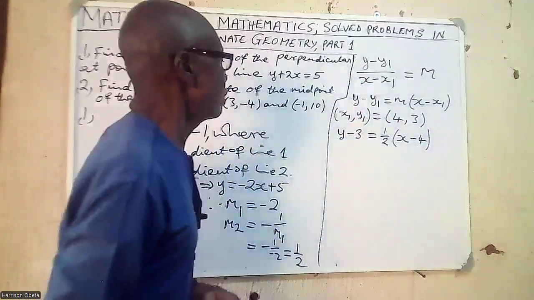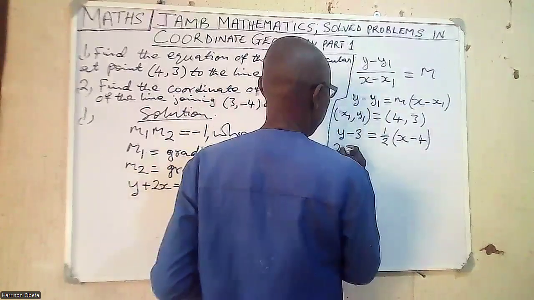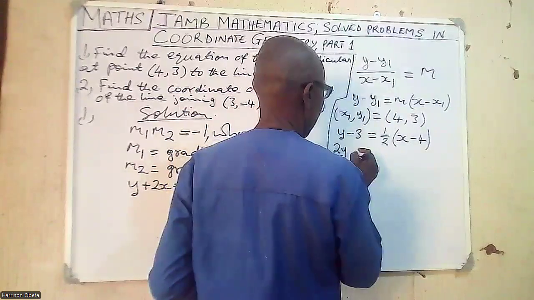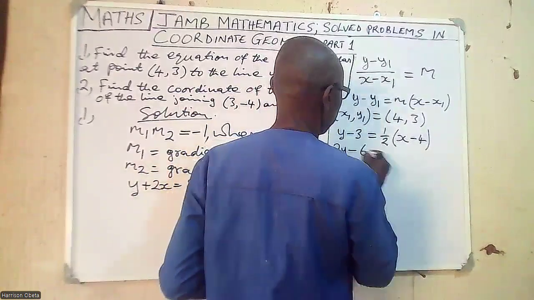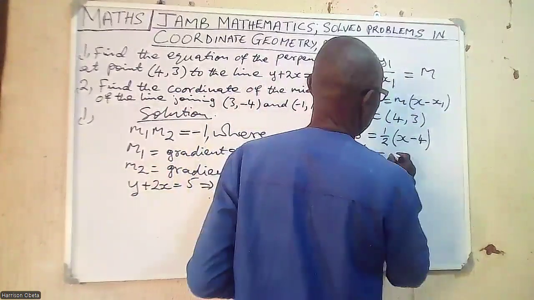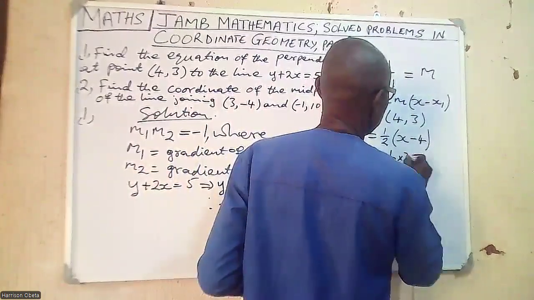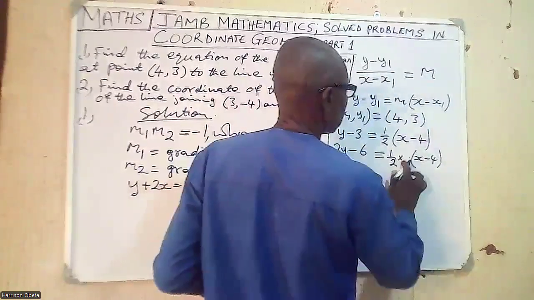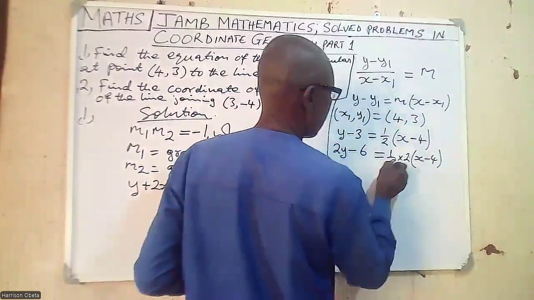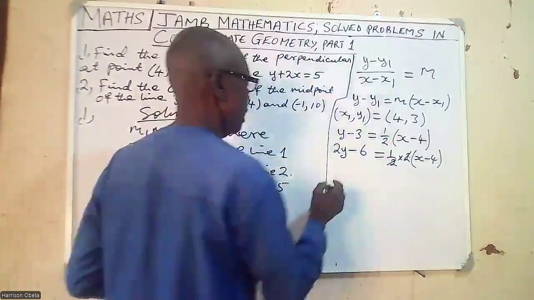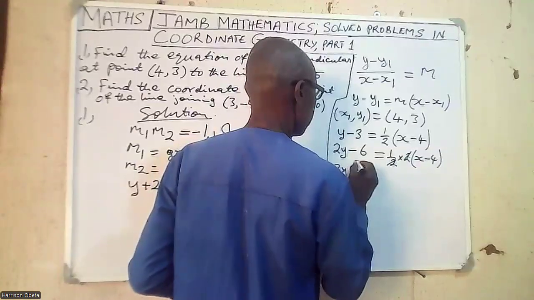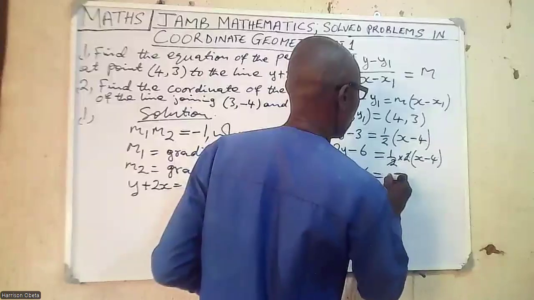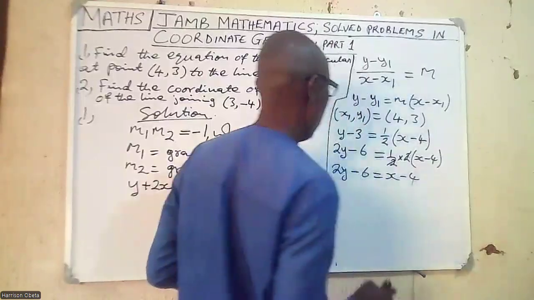If we multiply by 2, that is 2 multiplying everything, we have 2y minus 6 is equal to half times 2 bracket x minus 4. And you know that the half and 2 will cancel, and that means that 2y minus 6 is equal to x minus 4.